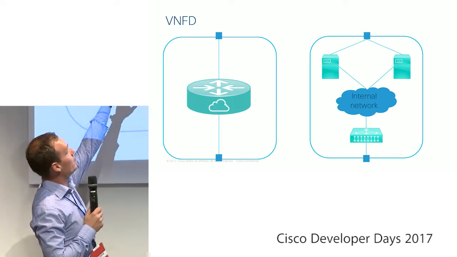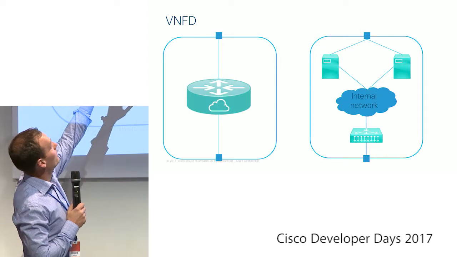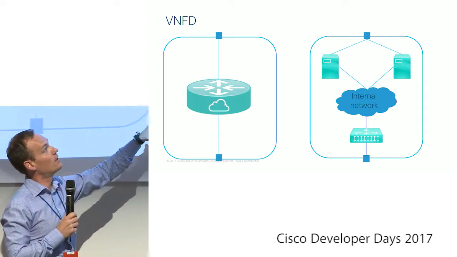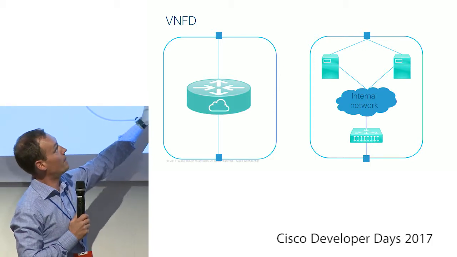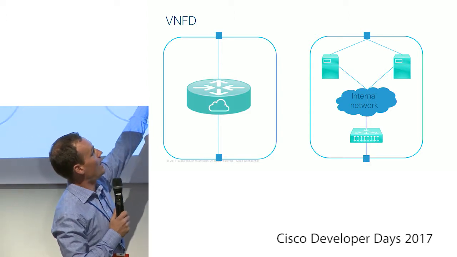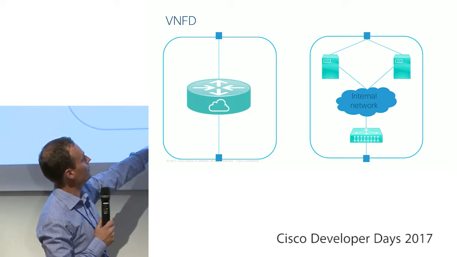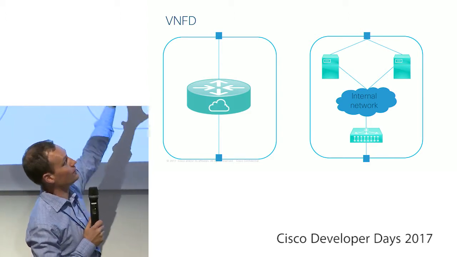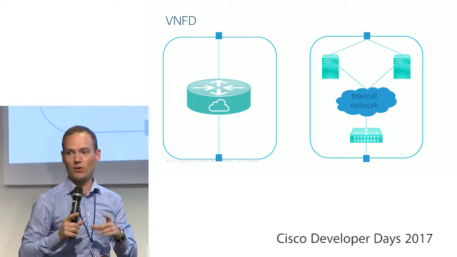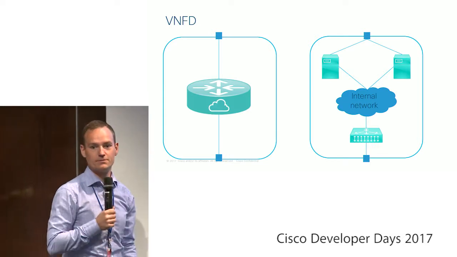So this is, as I said, a simple one. Single router defines some external connection points. This is a more complex VNF descriptor, looking like the packet core, which has some internal networking, it has some external connection points, and it describes the structure of this guy, what it will look like if you fire it up.